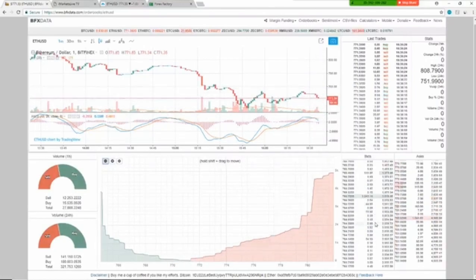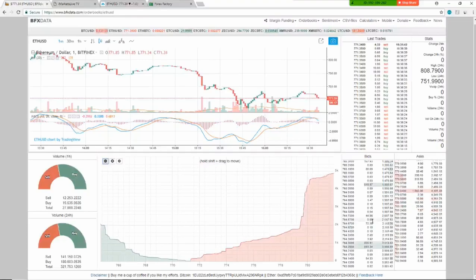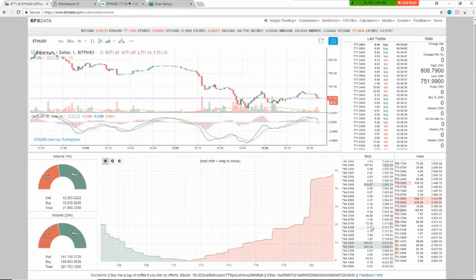There will be times where price gets to a specific area, whether it be a quarter level, whether it be the low of the day, whether it be the high of the day, whatever it may be, and you're going to see hundreds, thousands, however large of a quantity of orders, just a lot of money sitting on one specific price level. And what you'll notice is that that does not move. It literally sits there.